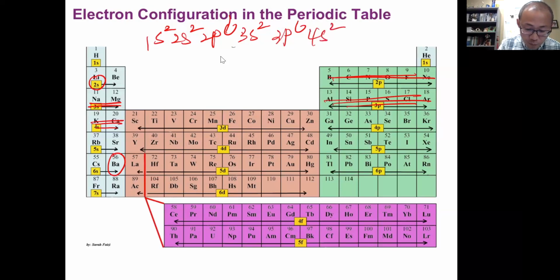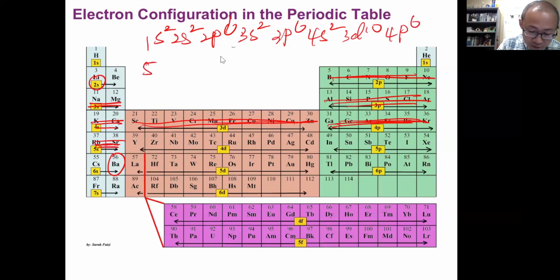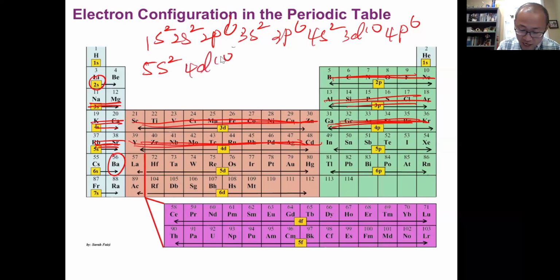And after 4s2, you got what? 3d10. After 3d10, we got 4p6. And after 4p6, I got 5s2. And after 5s2, I get 4d10. You can see I'm moving across the periodic table. After 4d10, I get 5p6.